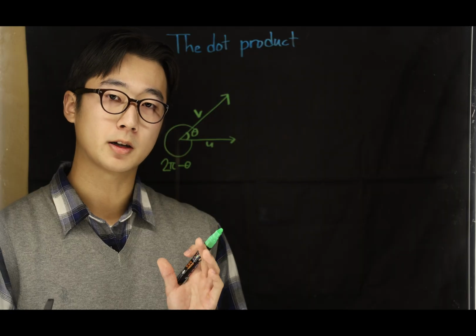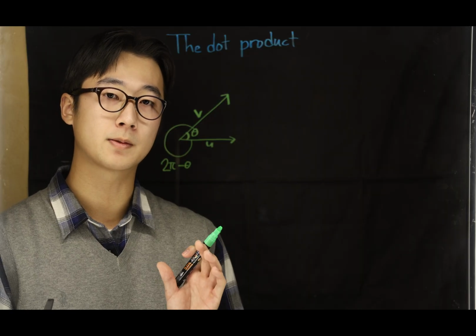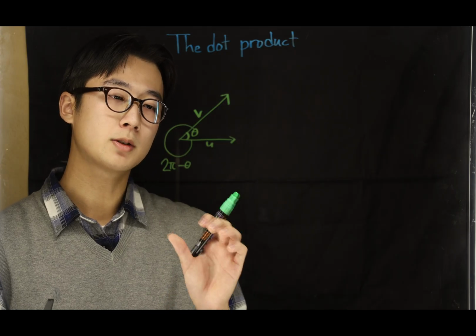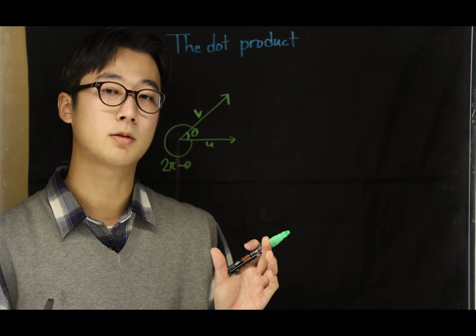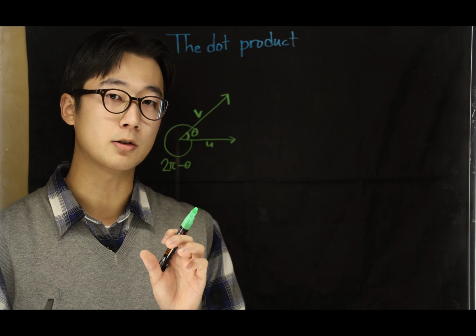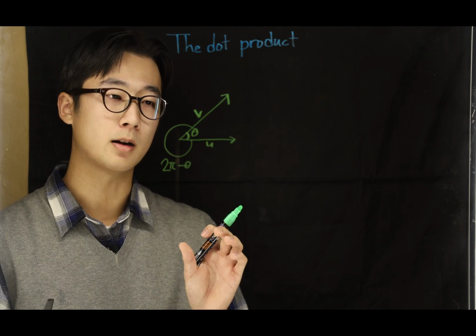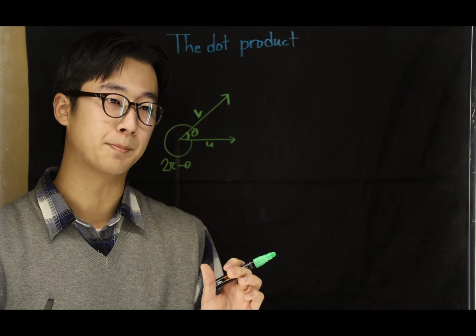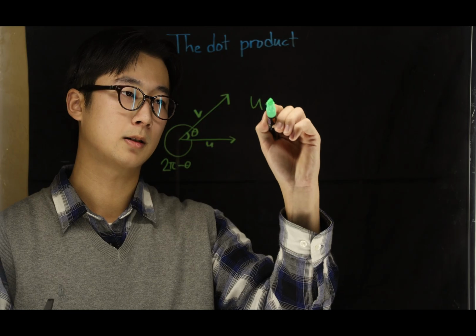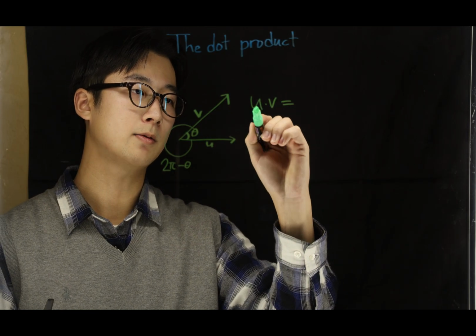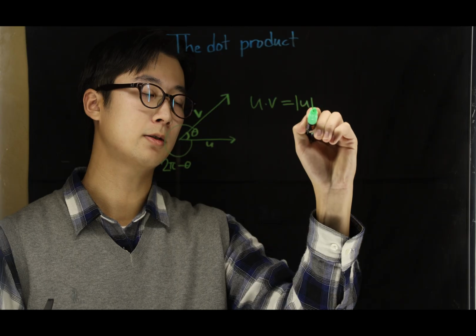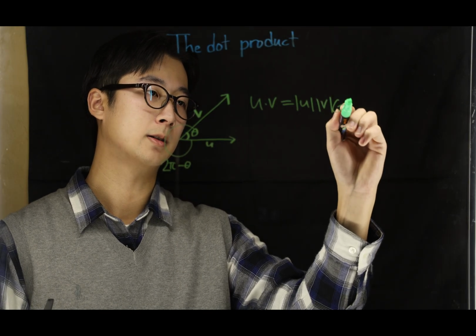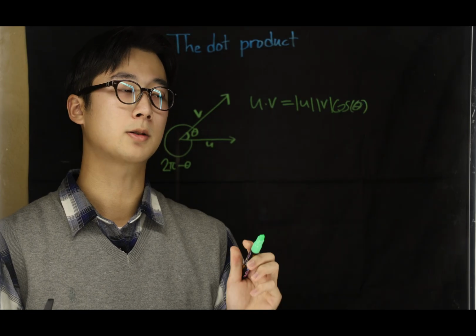As you may already know, there's a really famous formula when it comes to the dot product, which is u dot v is equal to the magnitude of u times the magnitude of v times cosine of theta, where theta is the angle between them. Let me write it as u dot v is equal to the magnitude of u times the magnitude of v times cosine of theta.